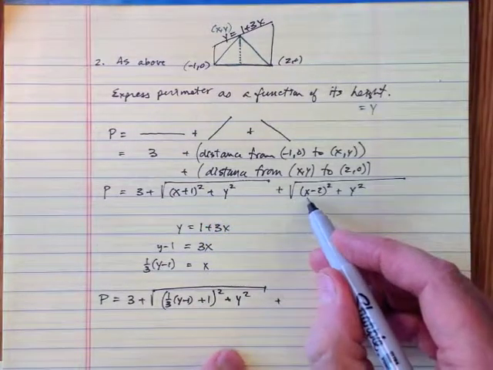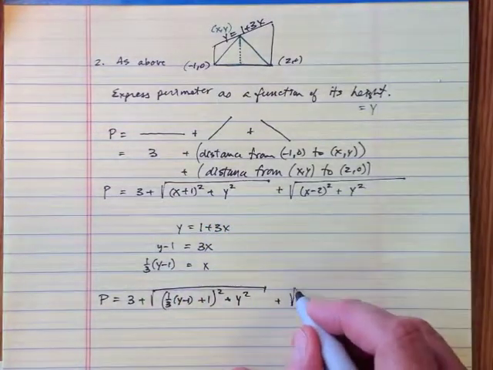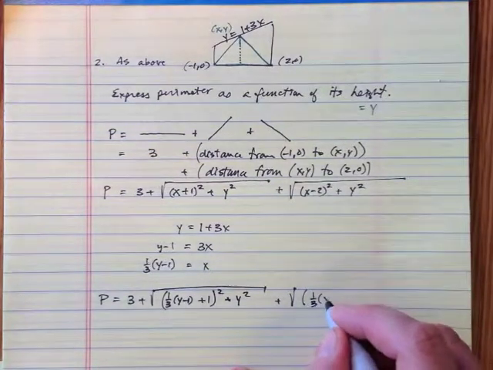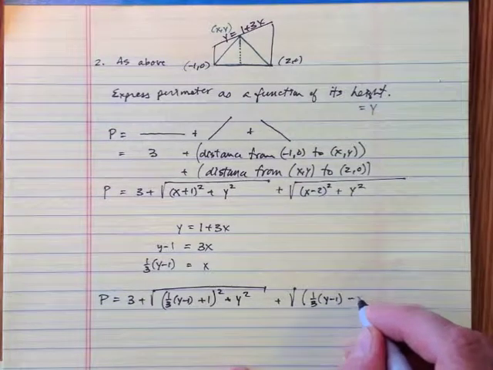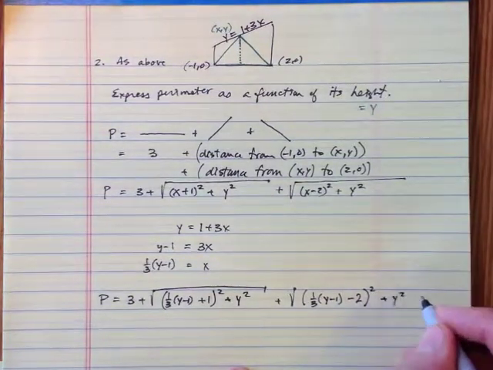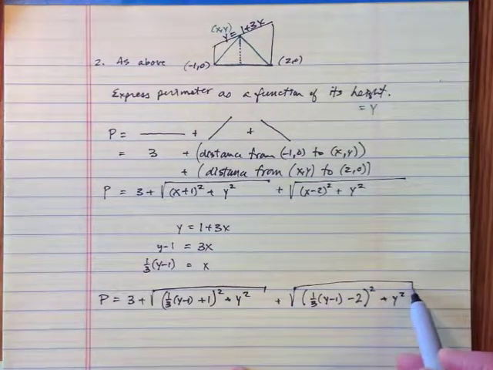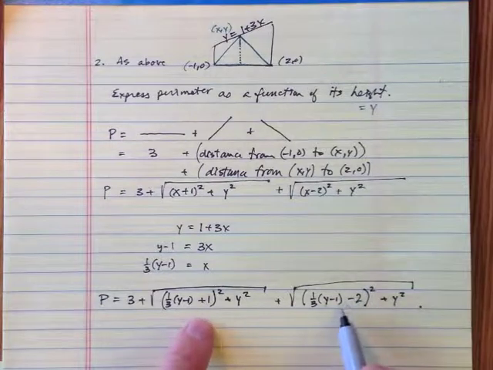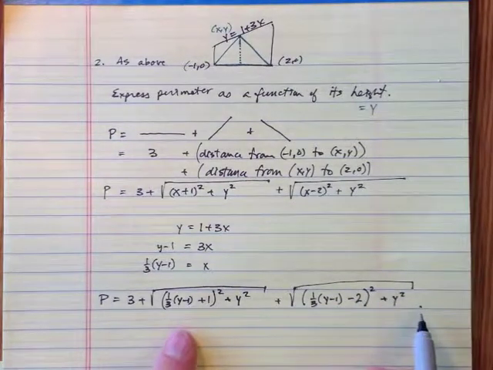And here in place of x, I'll put this again. It's the square root of 1/3 y minus 1/3 minus 2 squared, plus y squared. And I could FOIL this out and collect up terms, but I think it's reasonable to say that we're done.